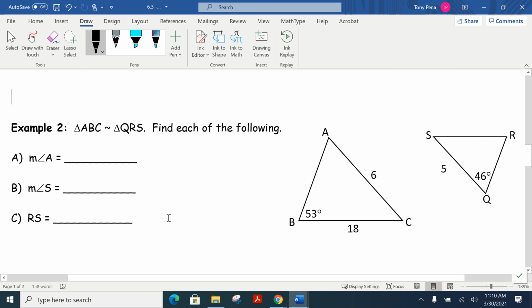All right, number 2, do A and B real quick. A and B should be hopefully nice. And then C is hard. And we haven't necessarily done C yet together, so we'll do C together.